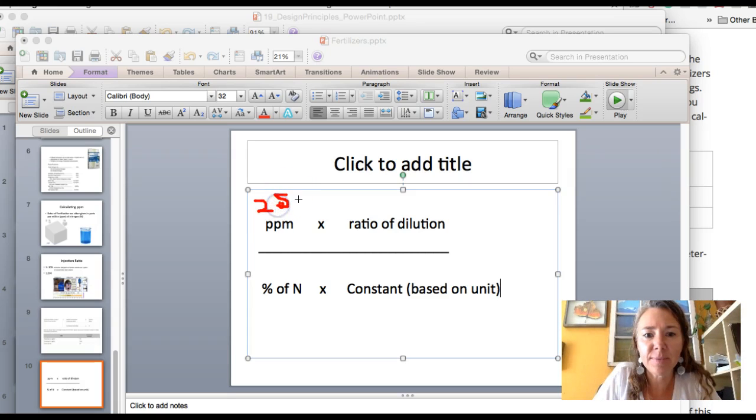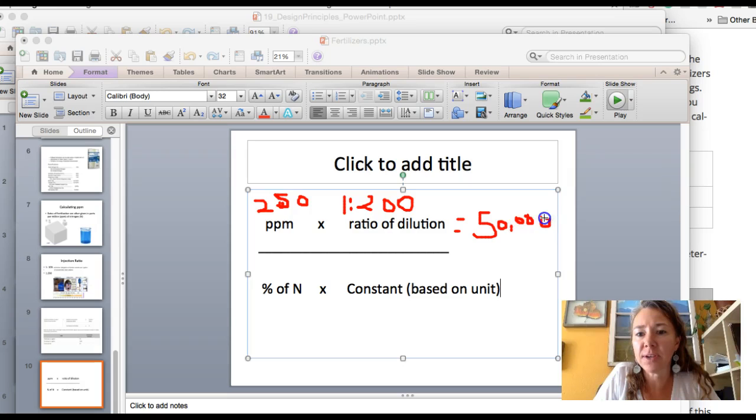So 250 parts per million times, so my ratio was 1 to 200. I'm just going to use that 200, the larger number, and that's going to equal 50,000. So my numerator I've solved for, and now I just have to figure out what I divide this number by.